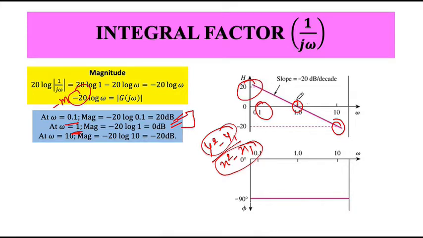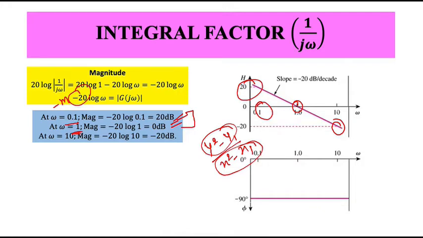At omega equals 1 the magnitude is 0, so it will be here. At omega equals 10 I have a magnitude of minus 20. So I just draw a line which looks like this.